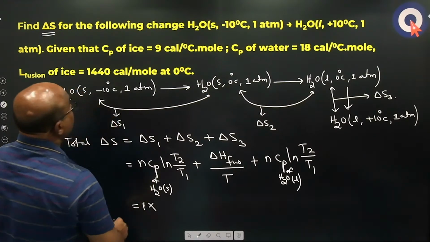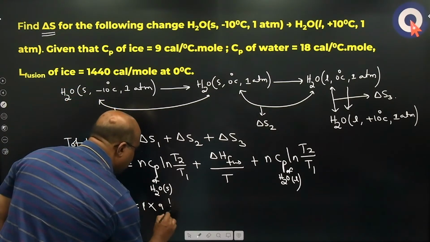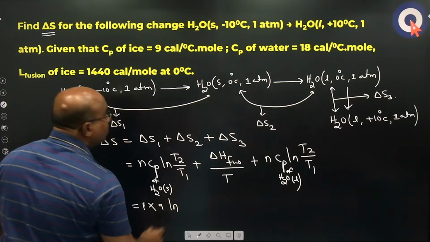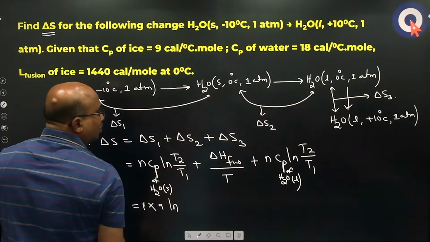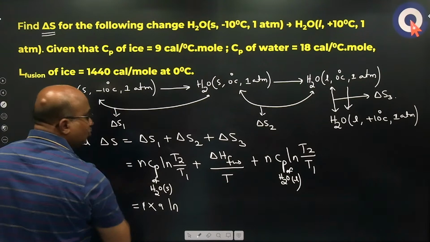Then Cp for the ice is 9. ln T2 by T1 is nothing but the final temperature over the initial: here it is 273, here it is 263.